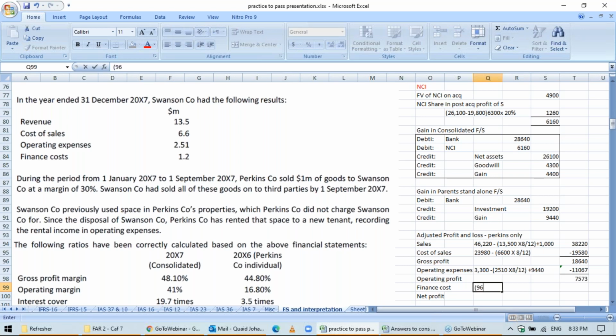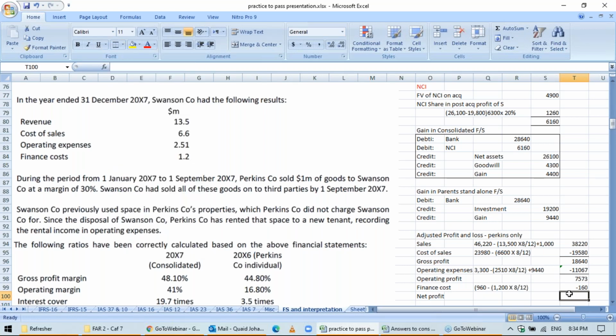Out of the total finance cost, which is 960, if you deduct the subsidiary company's 8 months financial charges, which has been consolidated, so this gives you the profit before tax or the net profit.